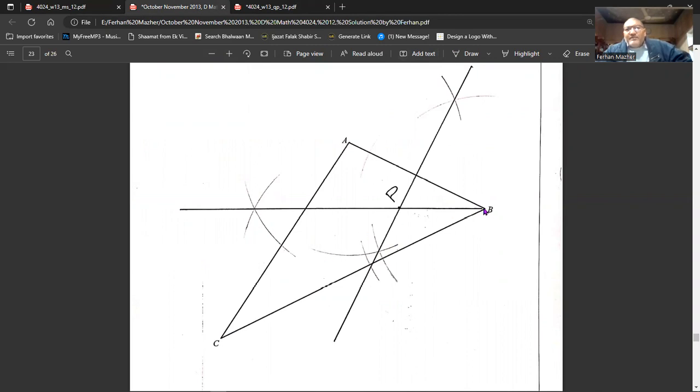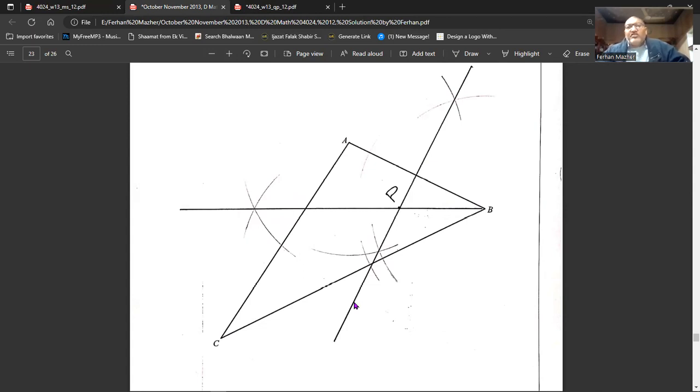Then I will put my compass here, put this arc and this arc, where the arcs have intersected. I will join them. This line will be perpendicular to AB, and it passes through the midpoint of AB. This is called the perpendicular bisector. And wherever you go on this perpendicular bisector, your distance from A will always equal your distance from B.